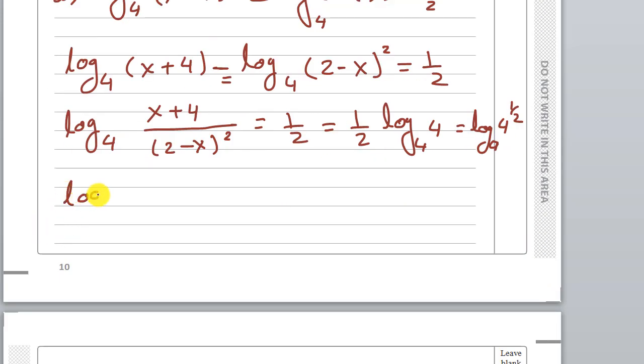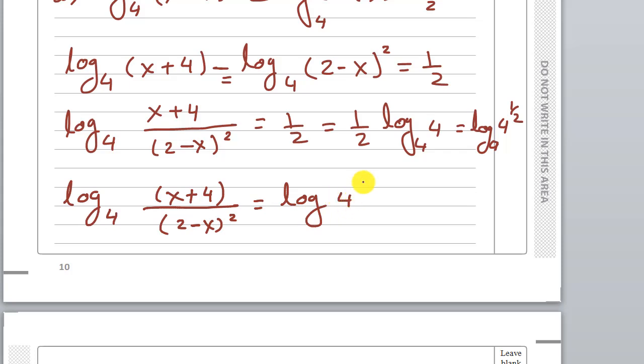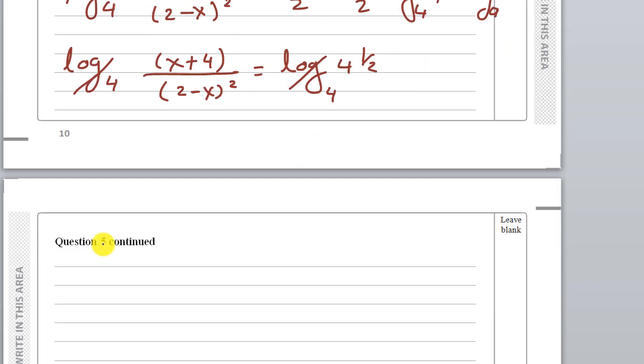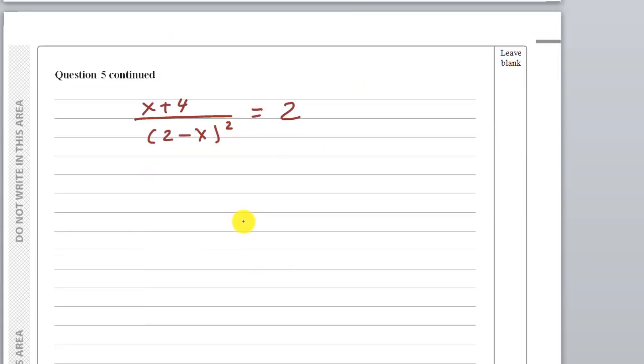So the final: log base 4 of (x plus 4) divided by (2 minus x) squared is equal to log base 4 of 4 power half. So this log will go with this log, and (x plus 4) divided by (2 minus x) squared is equal to 2, because 4 power half is equal to 2.